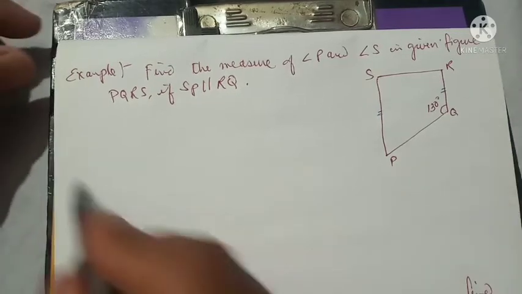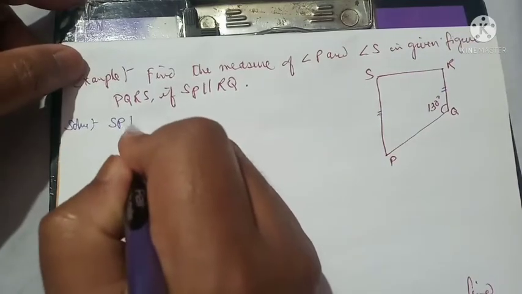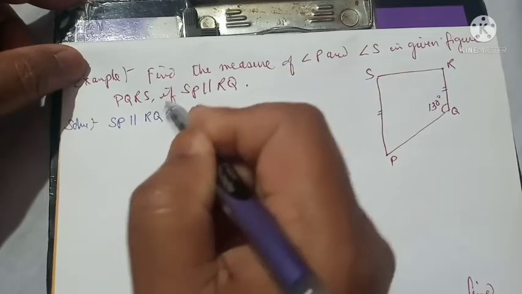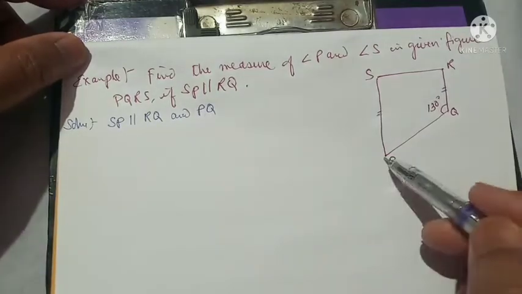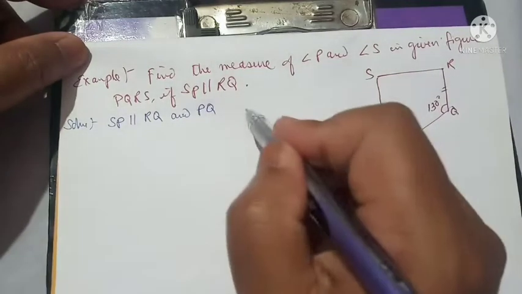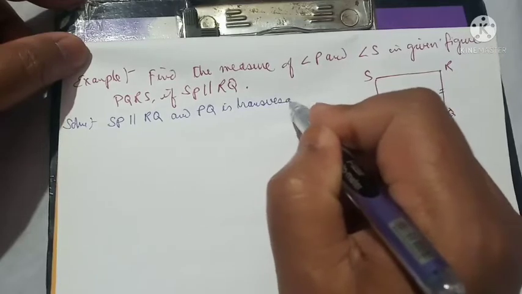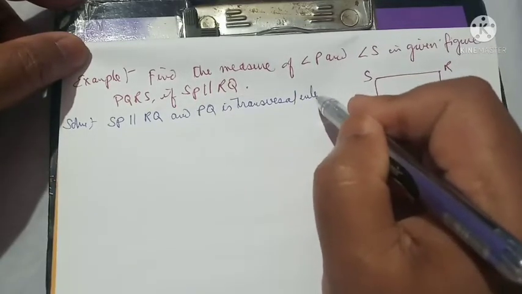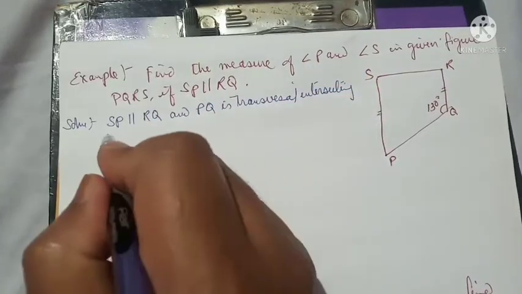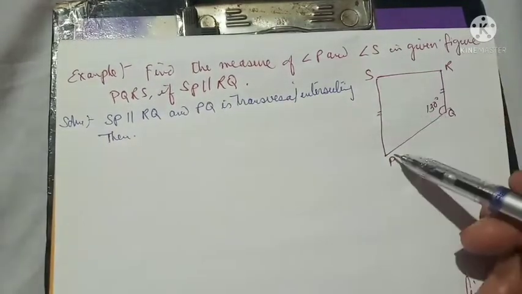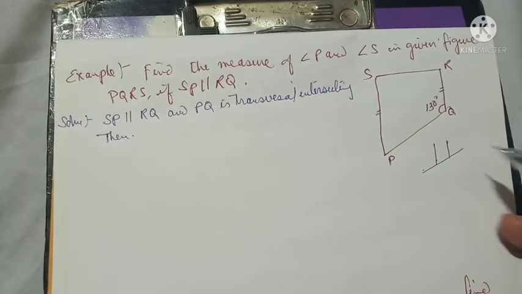Now see, in the solution we have SP parallel to RQ, and PQ is a transversal intersecting them, meaning SP and RQ.